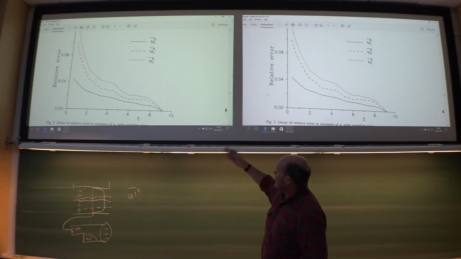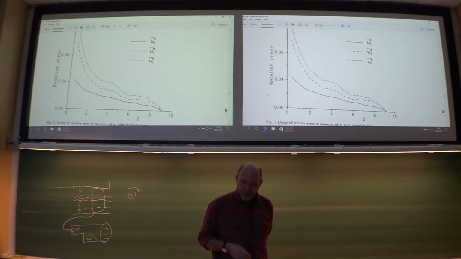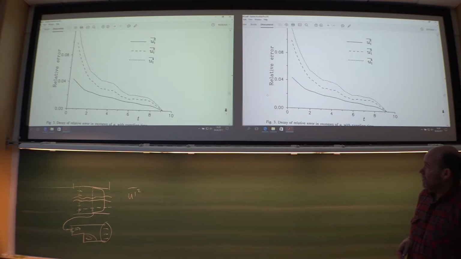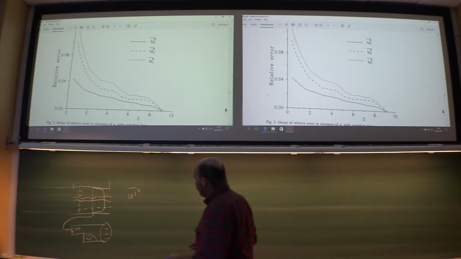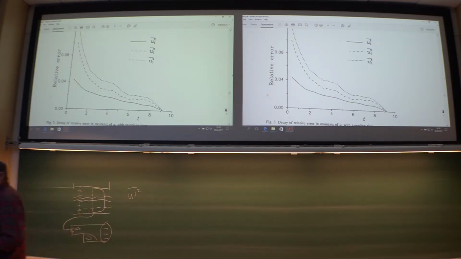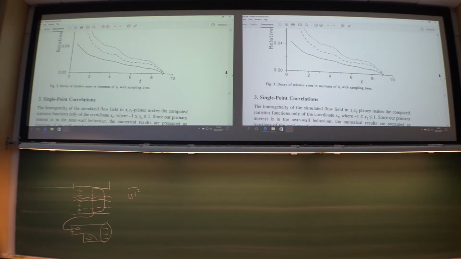And then if you need this one to the power of 3 or 4 or even higher, we are going to need many, many samples. So the error will increase quite rapidly. So the higher the order, the more samples you are going to need if you want it correctly. So it can be very expensive if you're really interested in these higher order quantities.